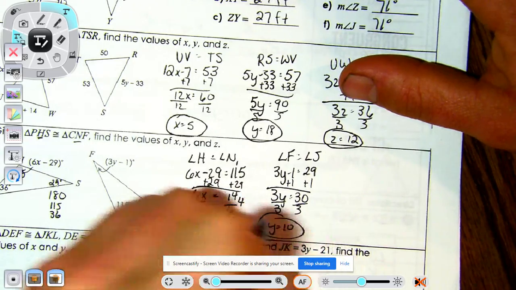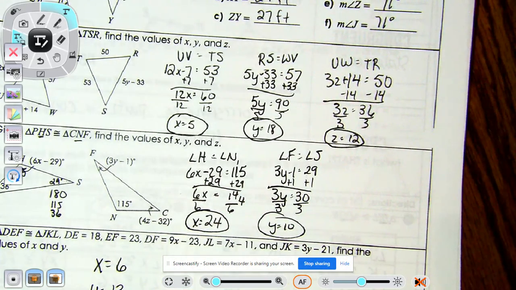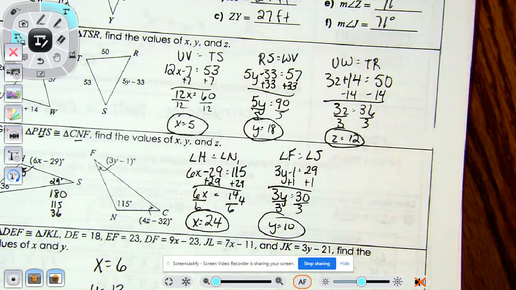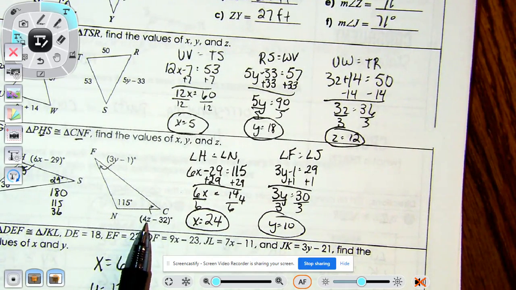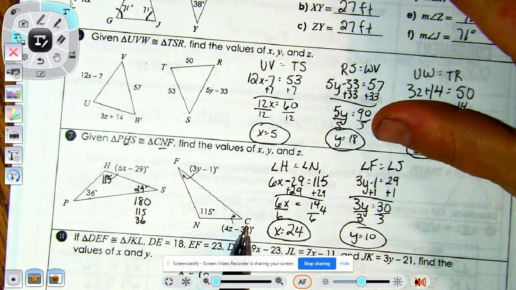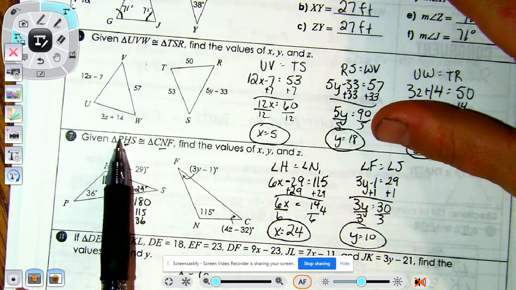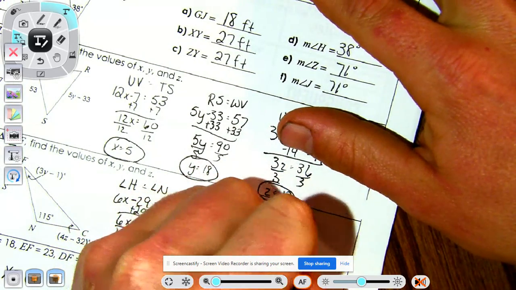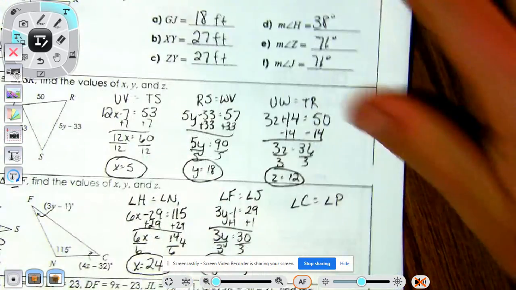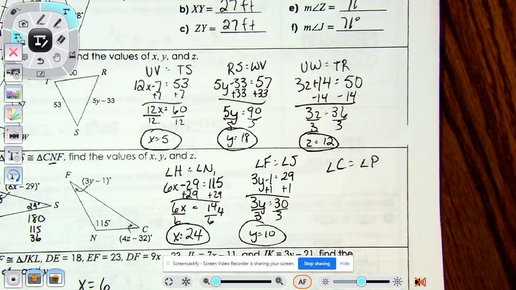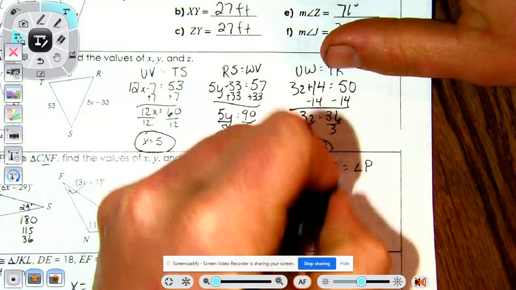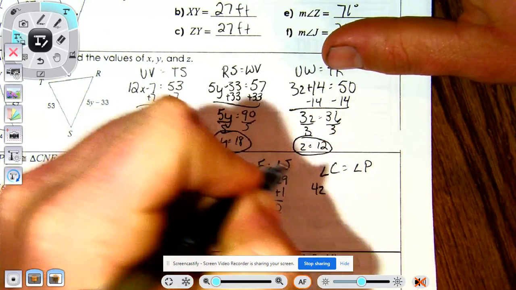All right, almost done. Last one I'm going to solve for is Z. Z is a part of angle C. What's my corresponding angle with C? It was the first one listed. It would be P. So plug in my equations. For C, I'm going to plug in 4Z minus 32. That's equal to angle P, which is equal to 36.